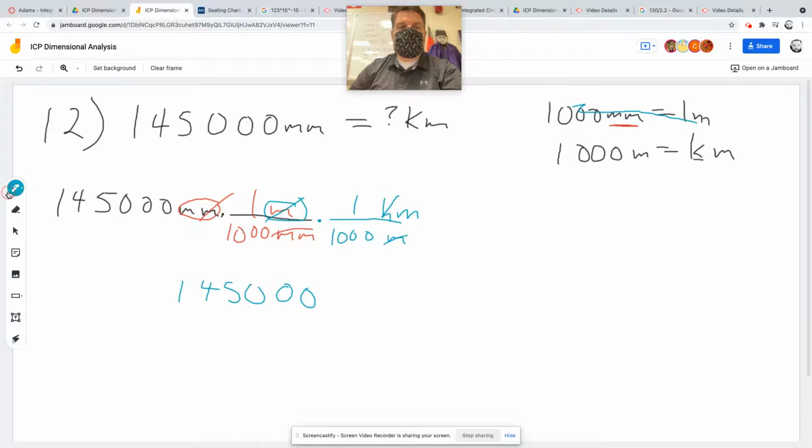The kilometers didn't get canceled, so that's left on top. All the stuff on the bottom gets canceled, because I'm purposefully choosing what I put on the bottom to cancel what's on top. So now on the bottom, I have 1,000 times 1,000.